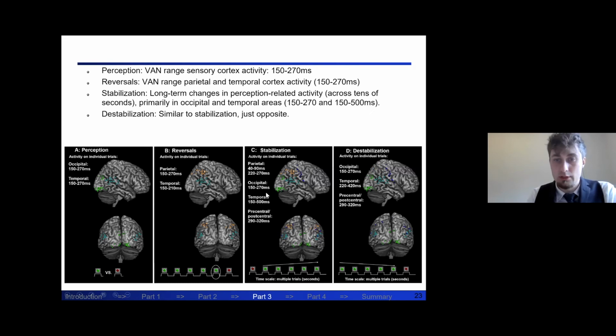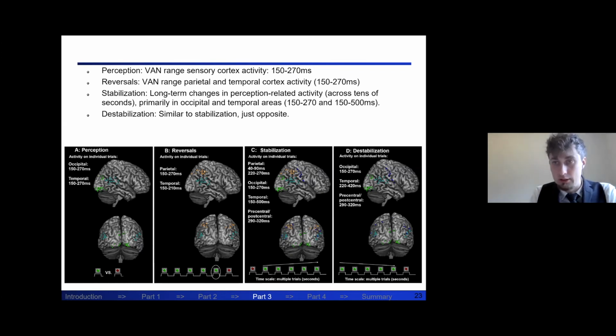And then when you look at the buildup of the signal across a series of perceiving the same thing, and again, how it degrades when you move towards a reversal, it's again quite similar sources. You get a bit more, but still not so much frontal. It's these occipital temporal sources, but perhaps over a longer time range than before.